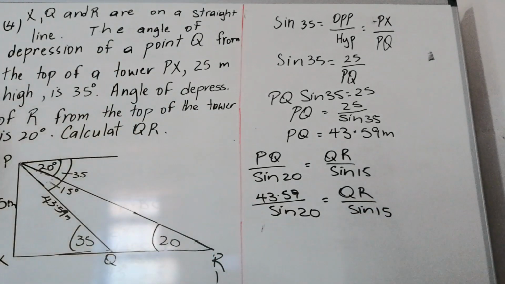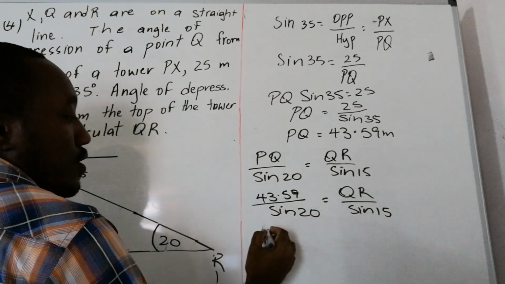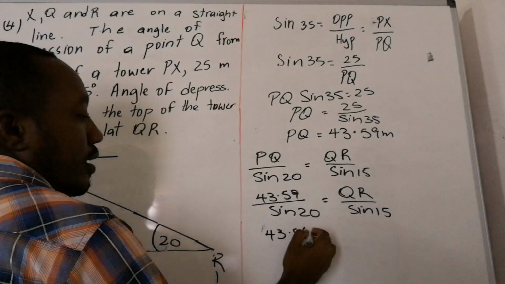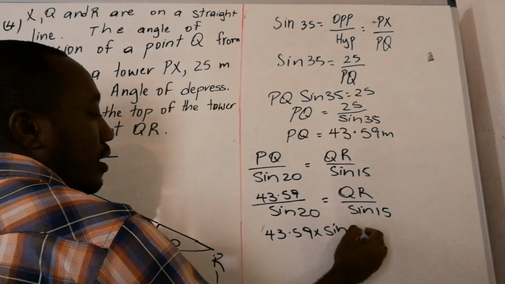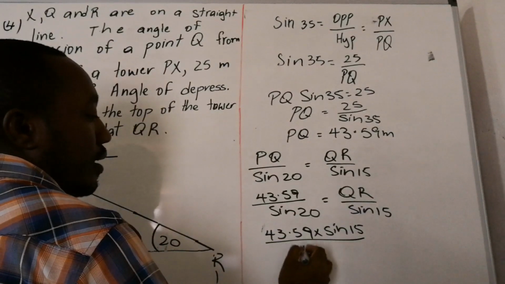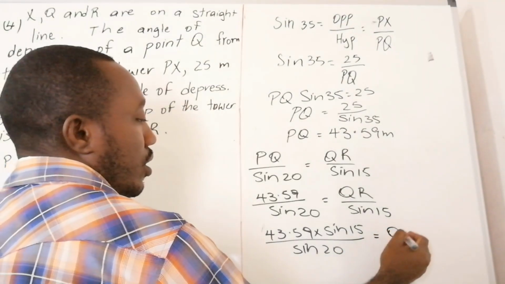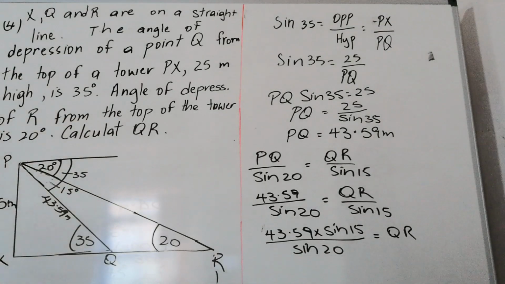And we transpose that and work it out. So we take our sine 15 across, so 43.59 times sine 15 over sine 20 is equal to QR. And you can work that out to see if you have the same answer as before, which is 33.